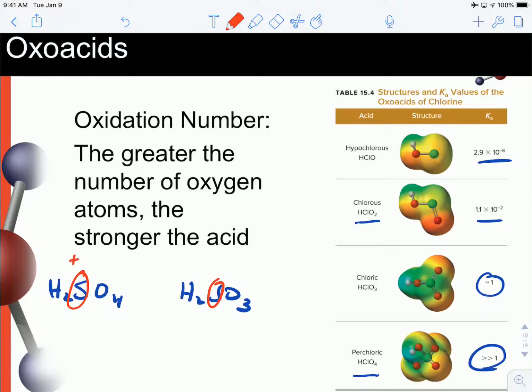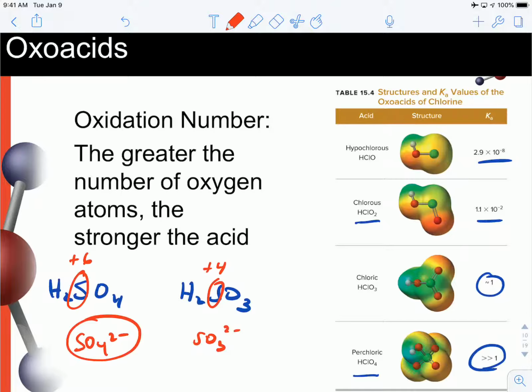But in this case, it's +6, and this is +4 here. So the greater the positive charge, the more it stabilizes each of the oxygens. Another way to look at it is that the greater number of oxygens helps stabilize the anion that's produced in solution.